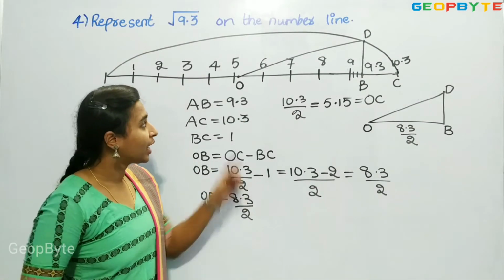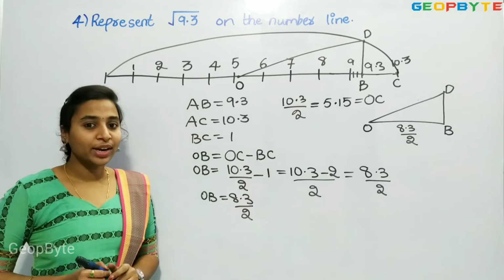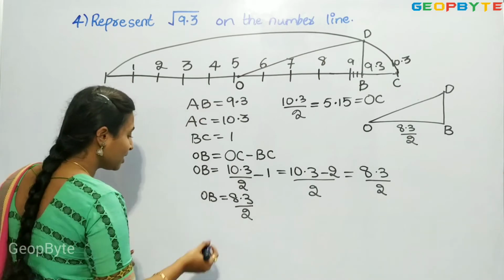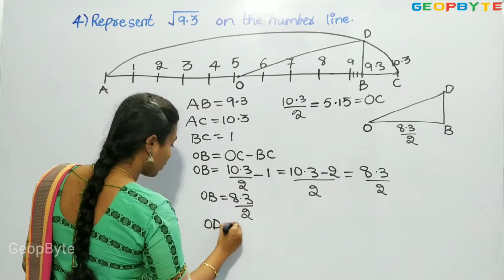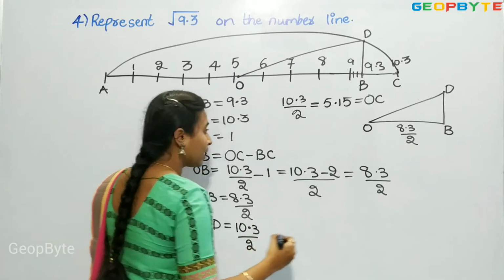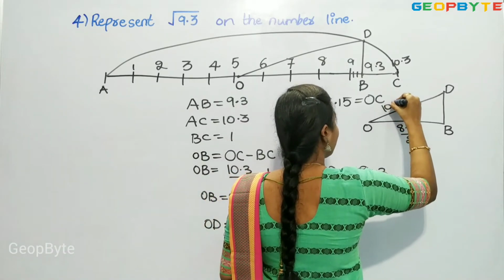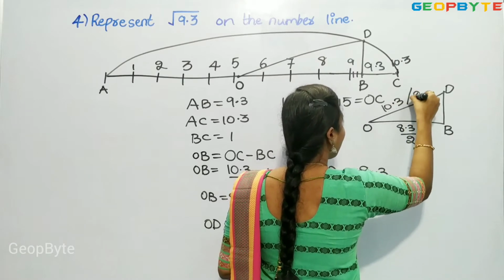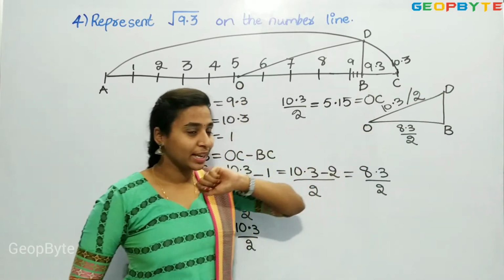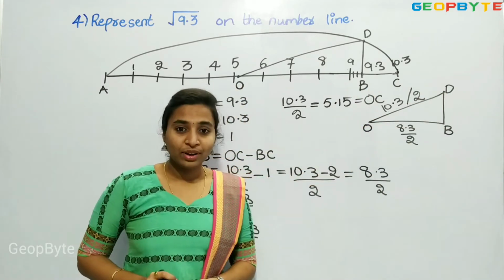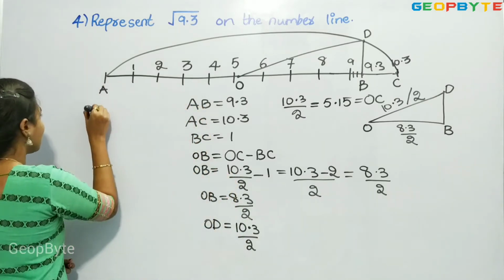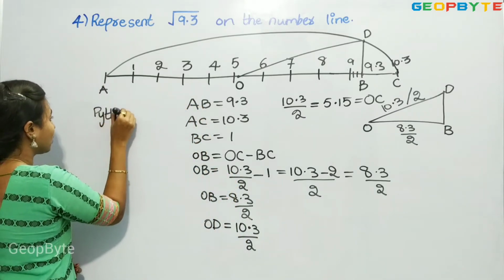Now we know that OD is 10.3 by 2, as it is the radius. We need to find the length of BD. In a right angle triangle, we find a side by using Pythagoras Theorem.